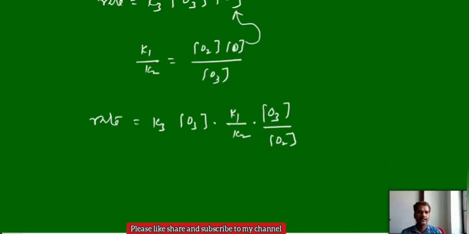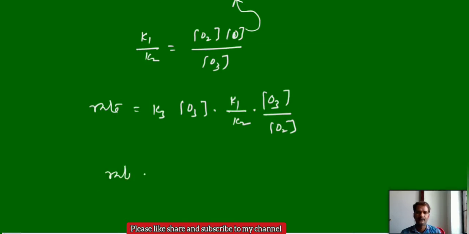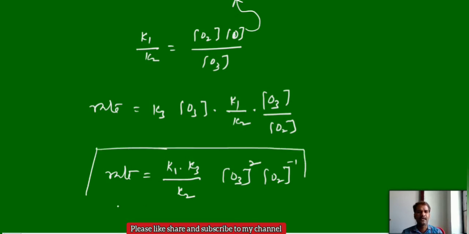So now the overall rate is equal to K1 into K3 by K2, and anyhow K1, K2, K3 are rate constants only, so overall this is one more rate constant, into O3 power 2 and O2 power minus 1. Now in this rate equation, reactant and product are there. So we can write reactant and product in the rate law equation, but you should not write the intermediate. So this is the final rate equation for a given reaction based on the mechanism.